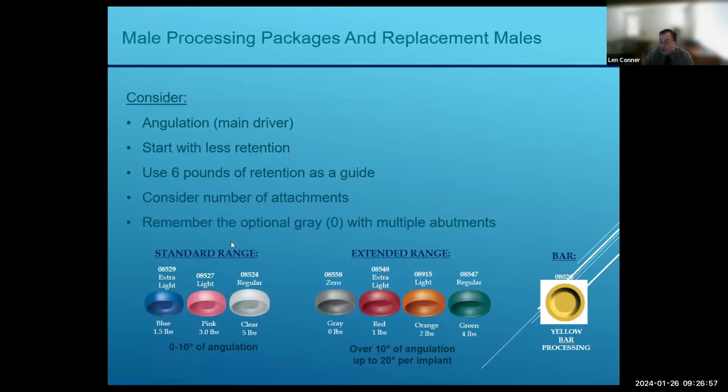This is also a good slide if for some reason you've got a patient that you don't want to have any retention, right? They're palsied or have a very difficult time getting their denture out, right? Use those gray inserts.